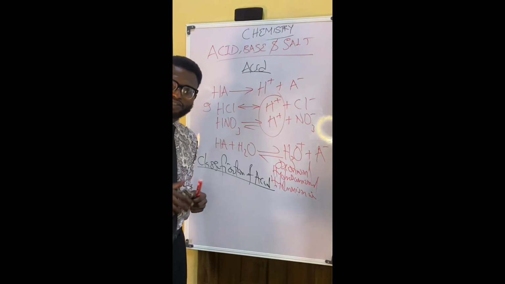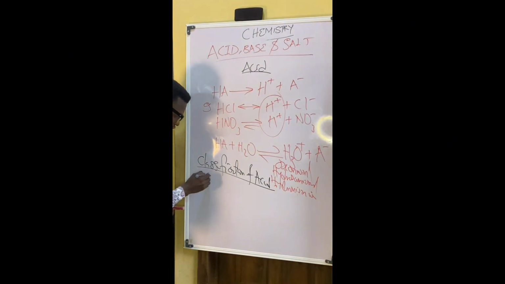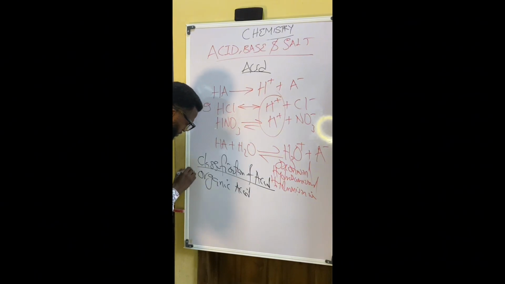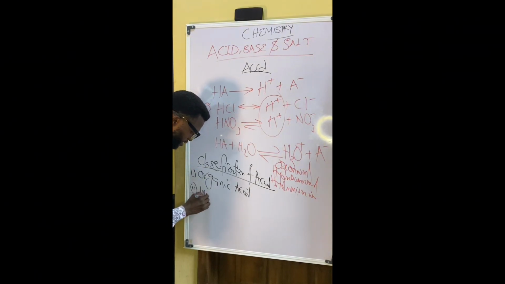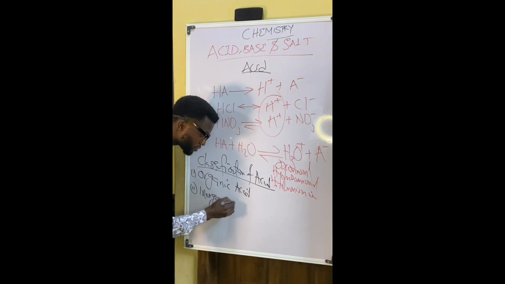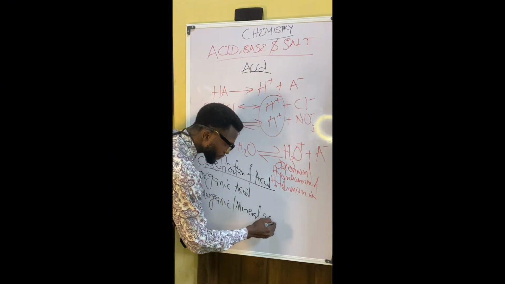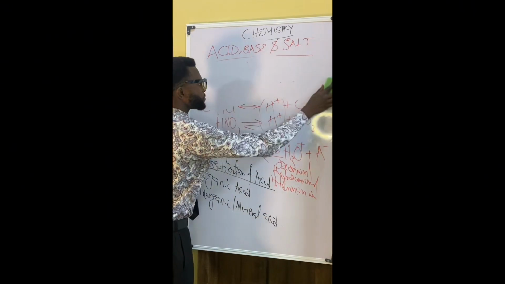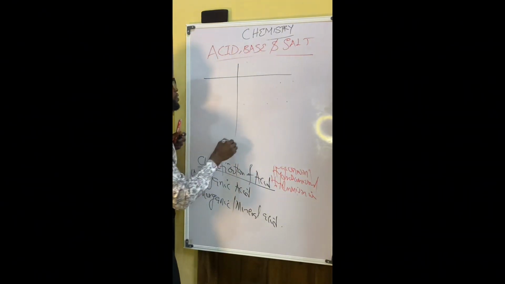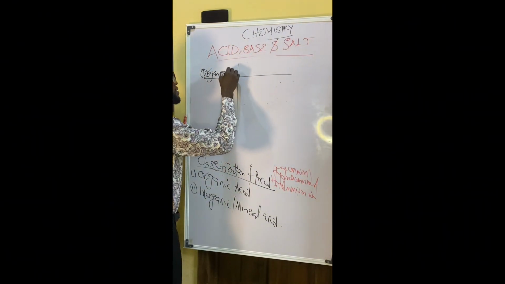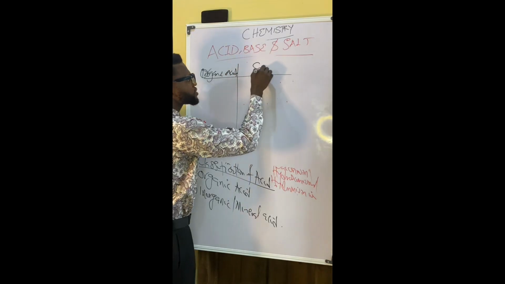There are two classes of acids: organic acid and inorganic, also called mineral acid. So we look at organic acids and their sources.